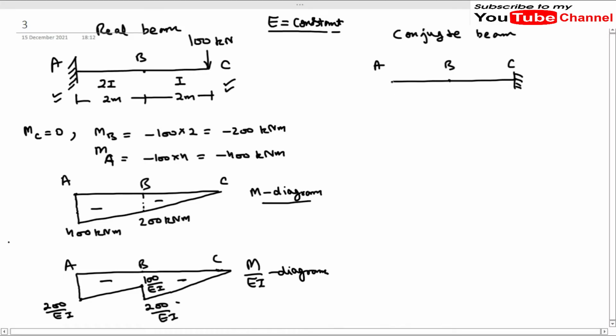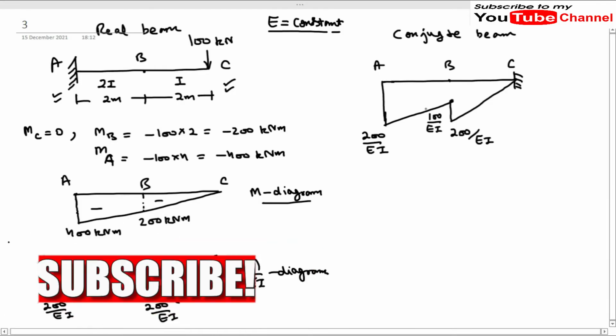So let me just draw here so that you can understand in a better way. This is our first coordinate, sorry, this is 100, and this is again 200. So the diagram is like this. This is our 200 divided by EI, and this is our 200 divided by EI, and this point is our 100 divided by EI.